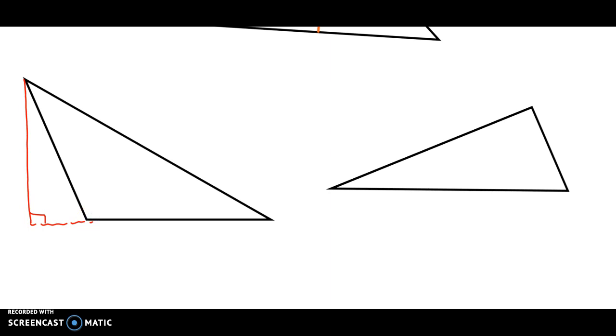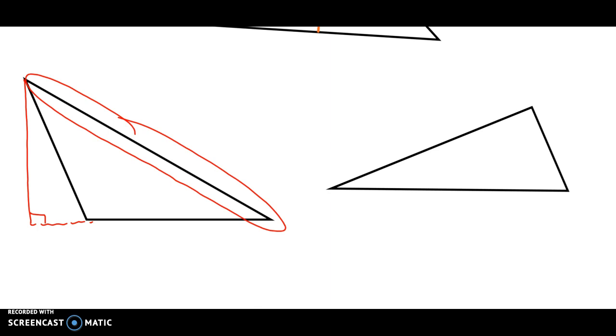It is always a 90-degree angle. It's straight up and down. So if I ask you how tall is this mountain, you'd have to come over here and measure straight down. So sometimes the altitude is actually on the outside of the triangle. Why is this not the altitude? Slope. Yeah, that's not how tall the mountain is. That's like the distance if you're hiking up the side, right? The altitude is straight up and down. How tall is this mountain from the earth?